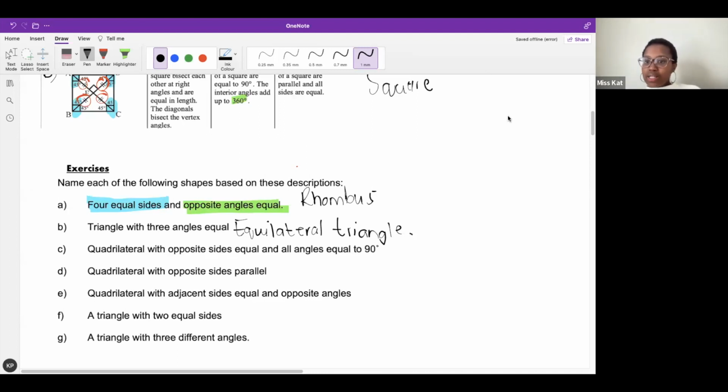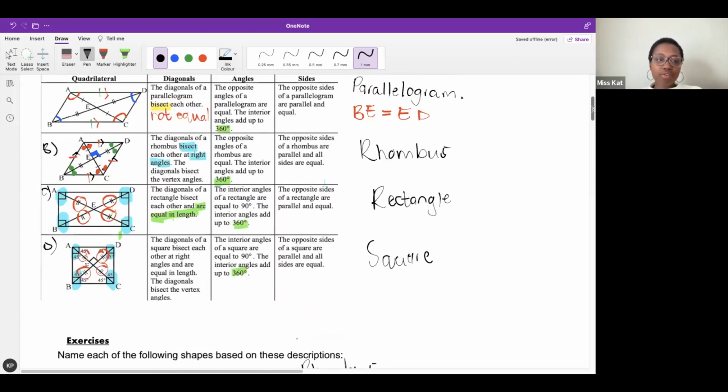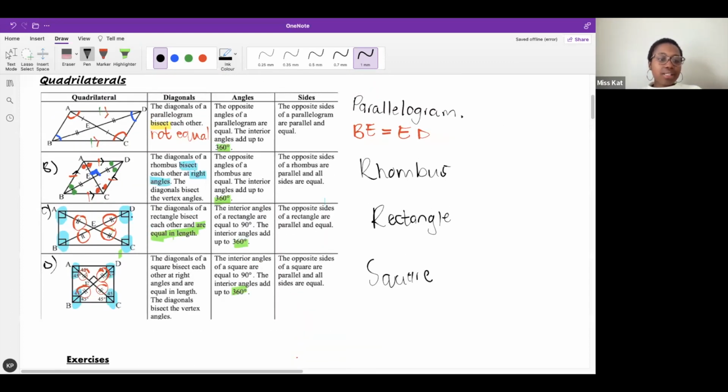It means we are not listening. A is not a rectangle, guys. All of the sides are equal. So in a rectangle, these 2 are equal, and then these 2 are equal. Not all 4 sides are the same length. Only the opposite ones are equal.